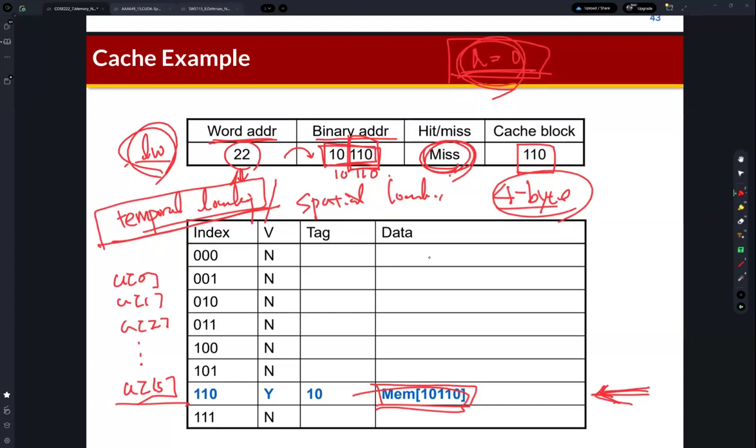Then we want to access this A0. It's a cache miss, and then the entire block is fetched to the cache in this case, because the cache block size is 64 bytes.